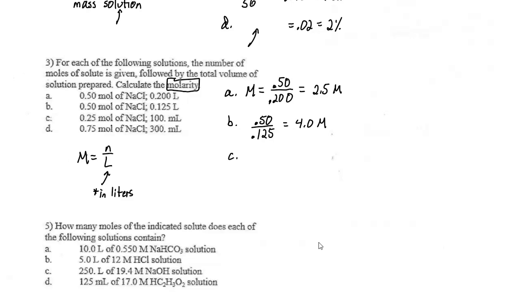Question C. There are 0.25 moles, and it says 100 milliliters. That's 0.100 liters. The other day in class, we discussed how you turn milliliters into liters. You divide by 1,000 to change to liters.